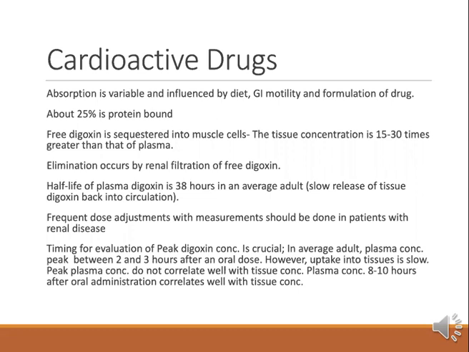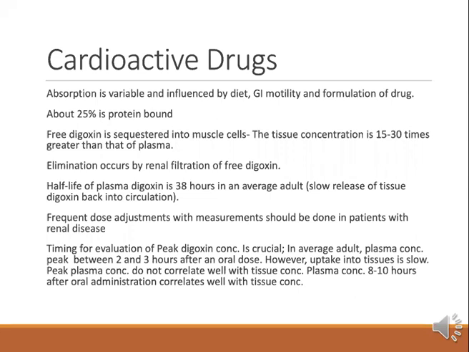Elimination of these types of drugs can occur by renal filtration of the free digoxin. The half-life of plasma digoxin is 38 hours in the average adult. Frequent dose adjustments with measurements should be done in patients with renal disease. Timing for evaluation of the peak digoxin concentration is very crucial.